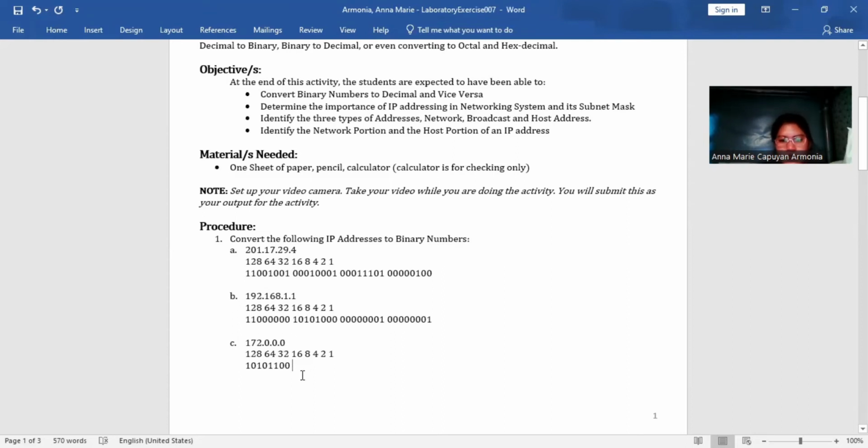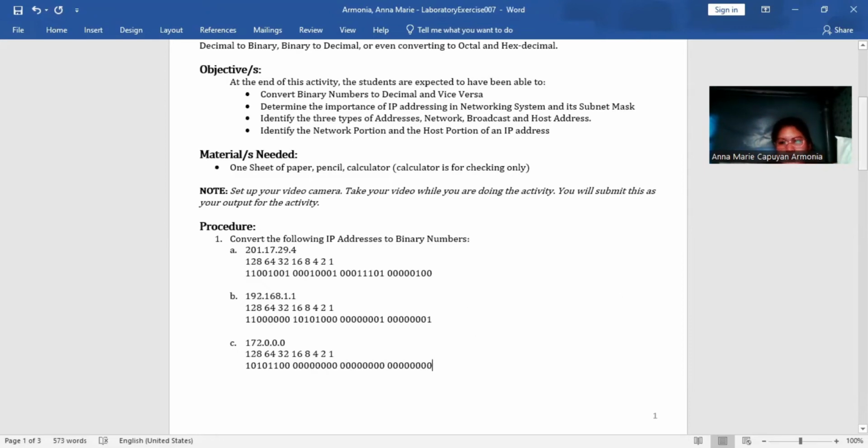So I have to put 8 zeros for each of the remaining numbers: 1, 2, 3, 4, 5, 6, 7, 8.